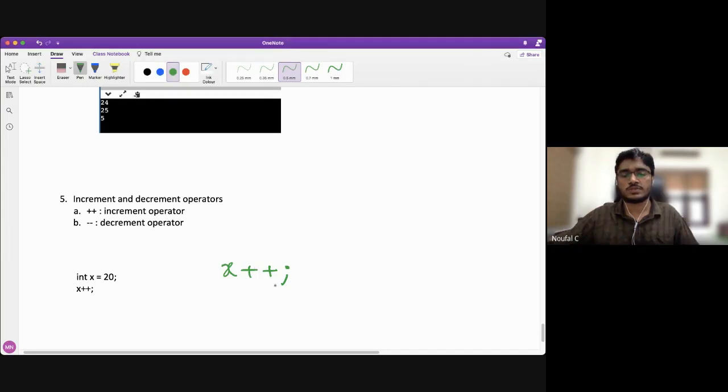Before we move to the working of this operator, can someone tell me whether this plus plus is a unary operator, a binary operator, or a ternary operator? Please quickly comment in the chat box. Give me a reply from your understanding, not necessarily correct.